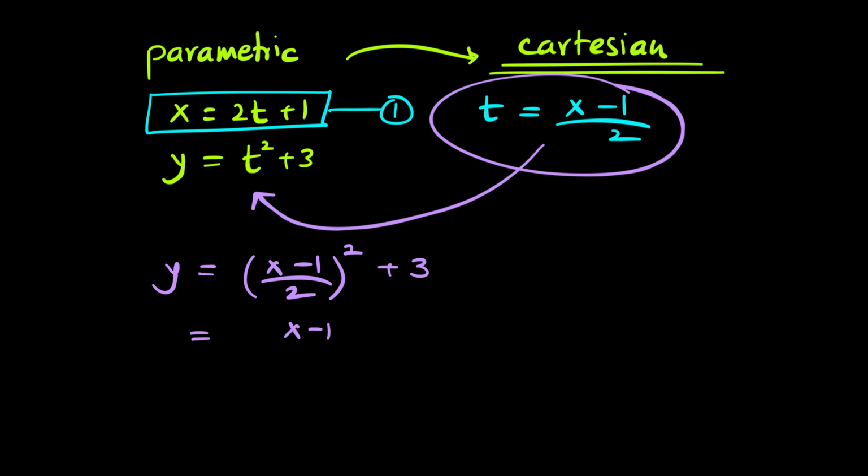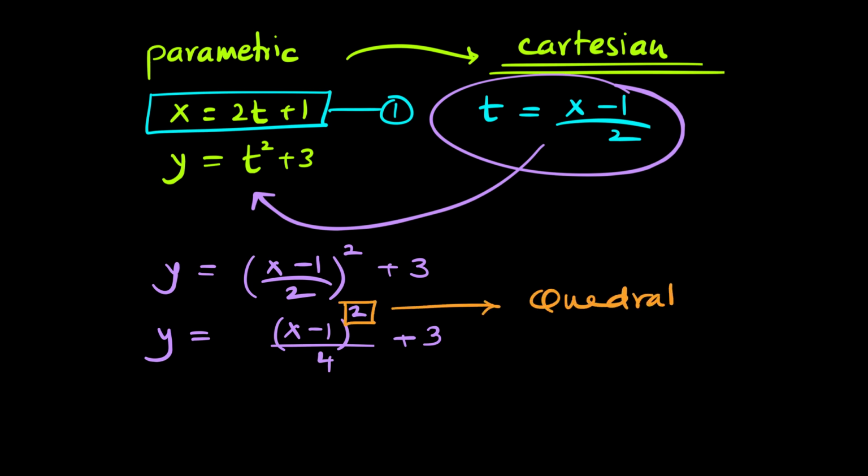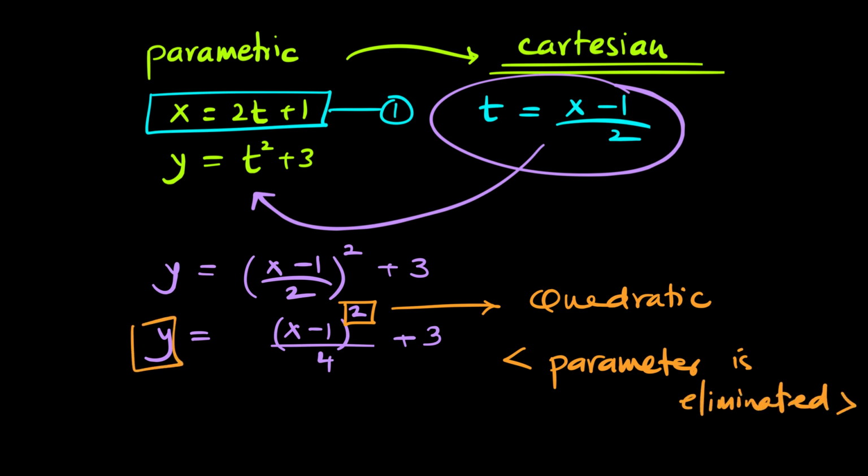This becomes (x minus 1) squared divided by 4, plus 3. Which kind of equation is this? This is a quadratic equation. Since the parameter is eliminated, we have y, x, and a bunch of constants. Therefore, this is called the Cartesian equation of the curve.